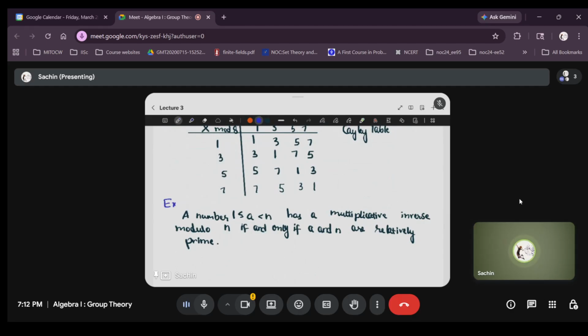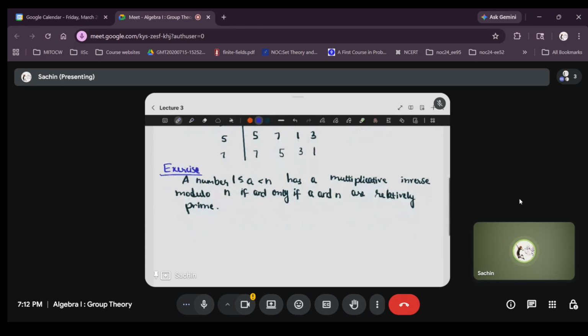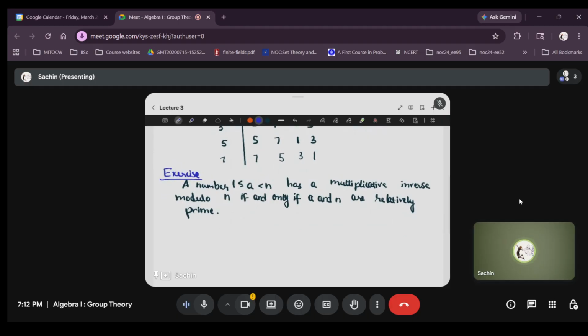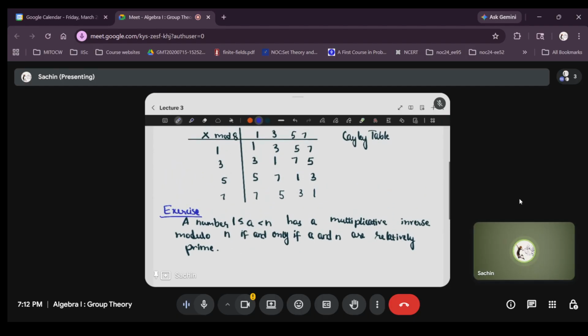I'll leave this as an exercise. I won't prove this. But you can prove that only elements which are relatively prime to n have multiplicative inverse in Zn.